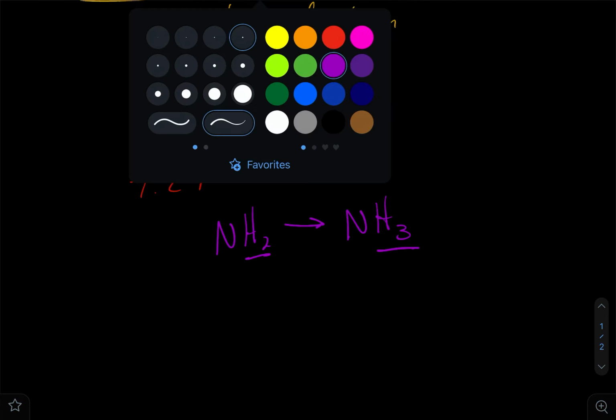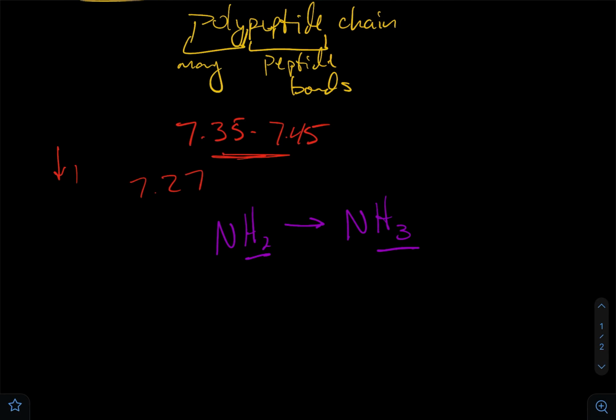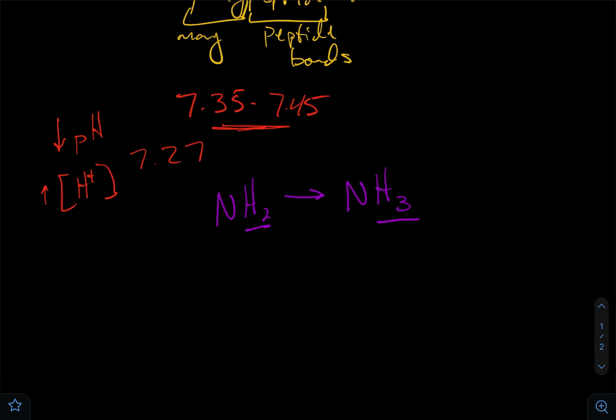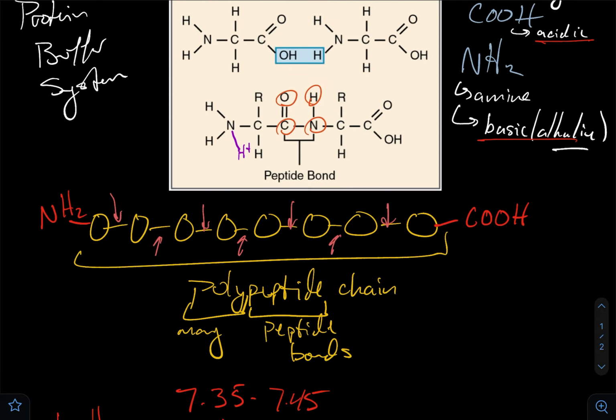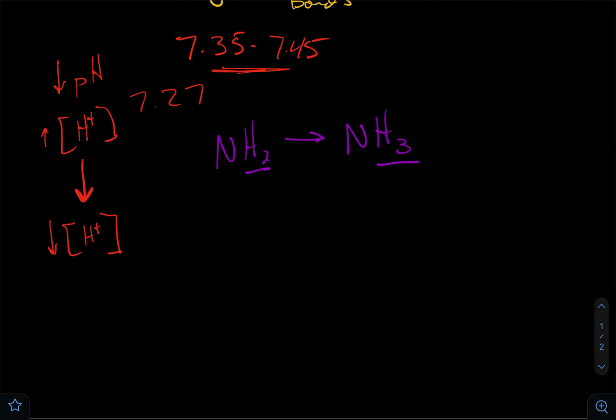So we were too low, right? So this was too low of a pH to begin with, right? Or too high of a hydrogen ion concentration, right? And by buffering this, we've thus taken up some of these hydrogen ions. So now we've gone from this to decreasing our hydrogen ion concentration, which is what we wanted because we had too many originally up here, right?